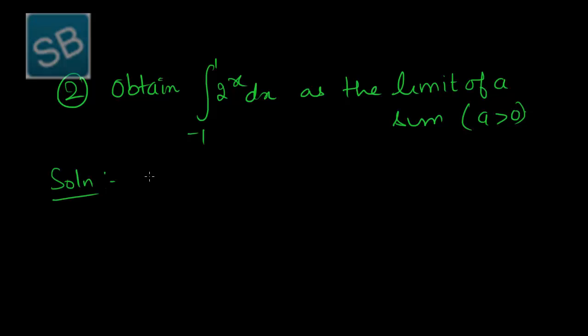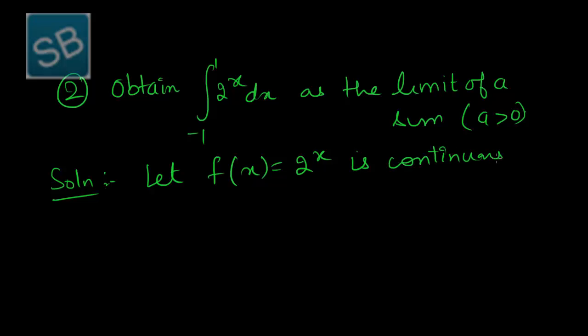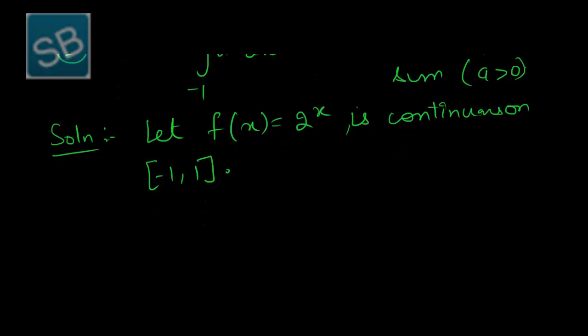Now the solution: let f of x is equal to 2 raised to power x, which is continuous on minus 1 to 1. That is the first step. This is an a raised to power x function that is continuous on minus 1 to 1.